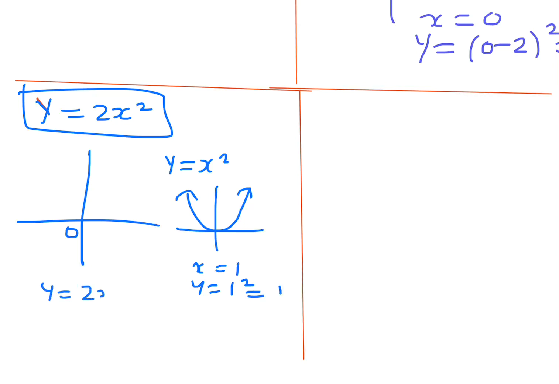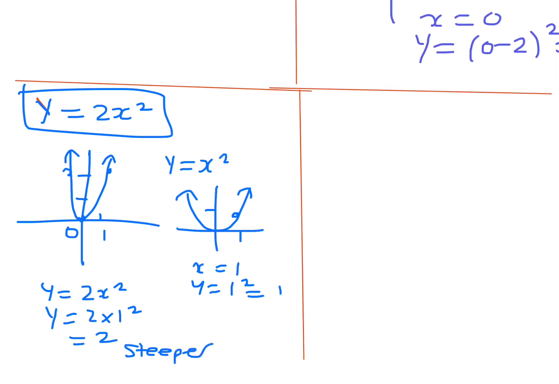But if you've got y equals 2x squared, if you put in 1, it's 2 times 1 squared, which is 2. So instead of going through 1, 1, it's going to go through 1, 2. So it's going to go up heaps faster, so it's going to be steeper. Basically what we say is it dilates towards the y-axis, and it's a vertical dilation by a scale factor of 2. But we look at this later on in year 12.